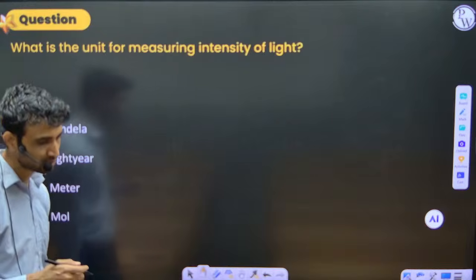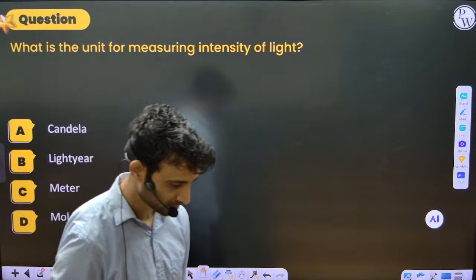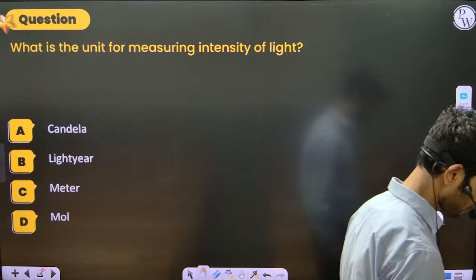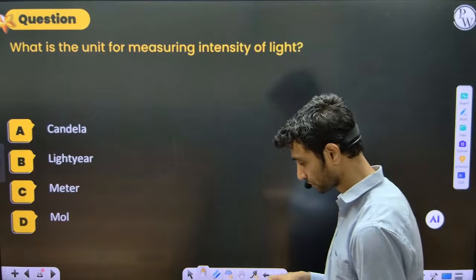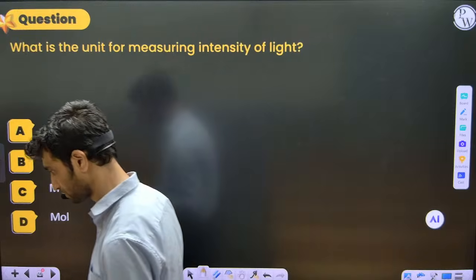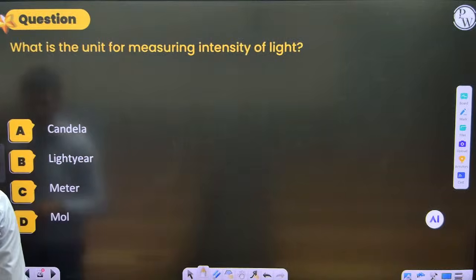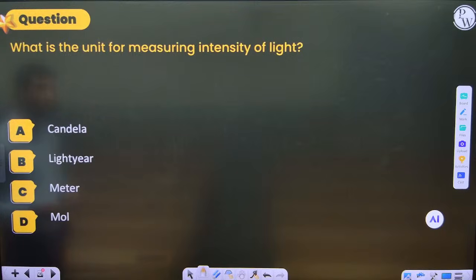So, this also we have seen. Check and tell me which option is this. It's candela.